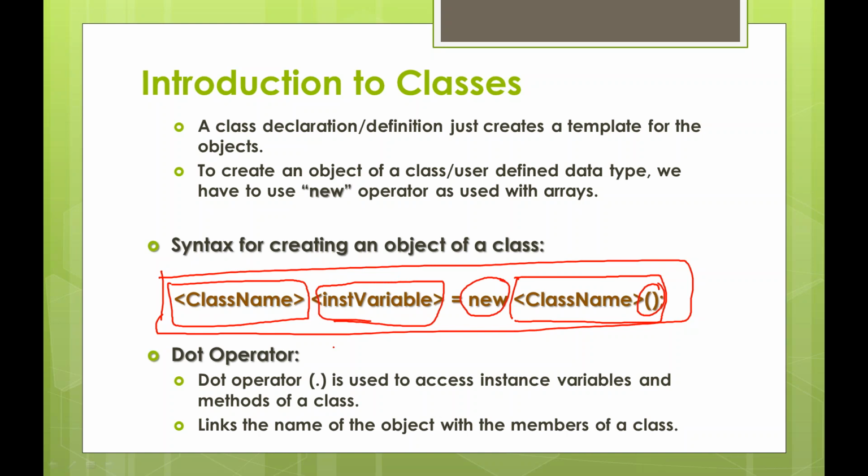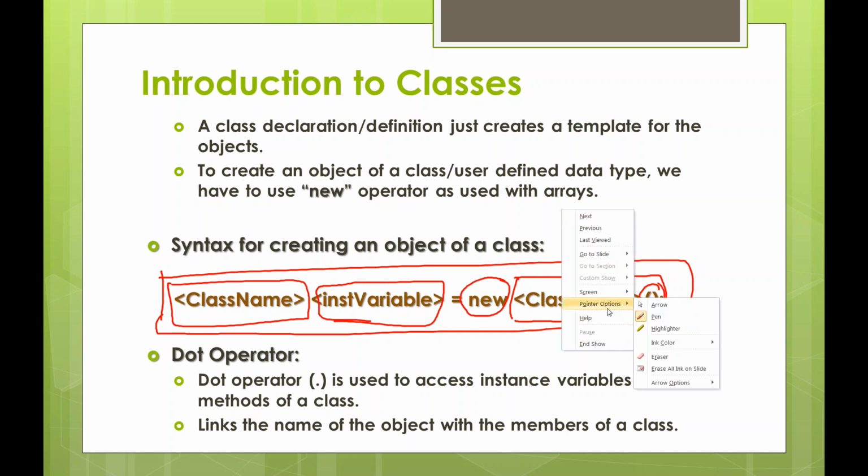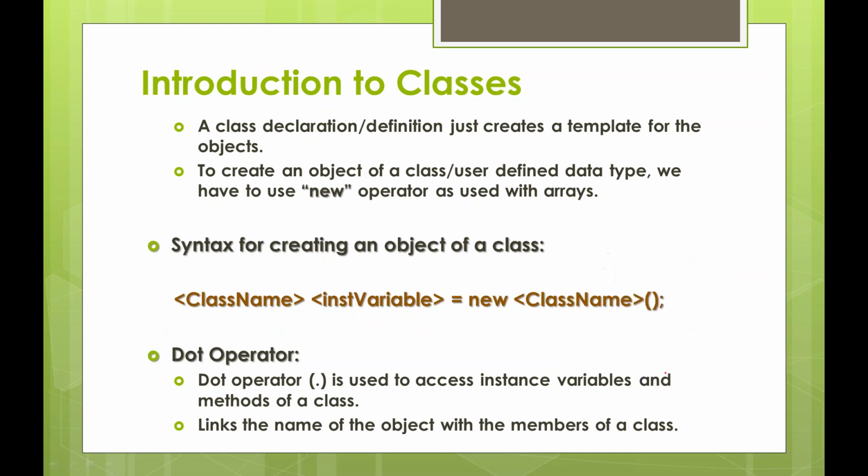Okay. With respect to classes, we have seen System.out.println, right? We have used a dot operator here. We already know we've been using the dot operator.